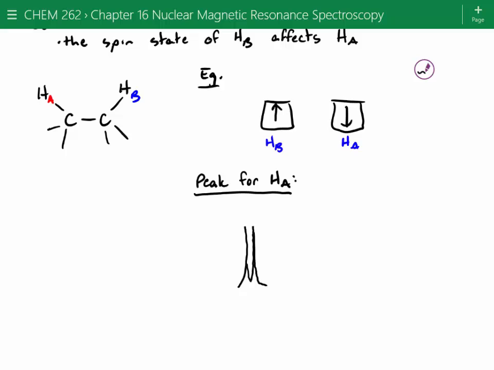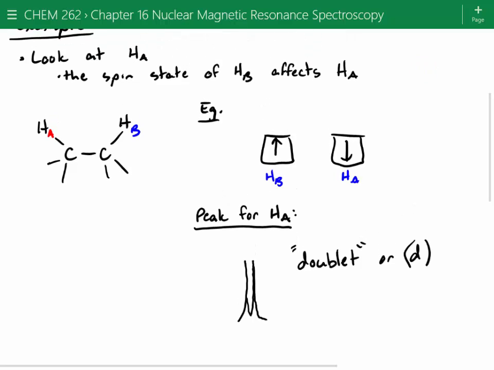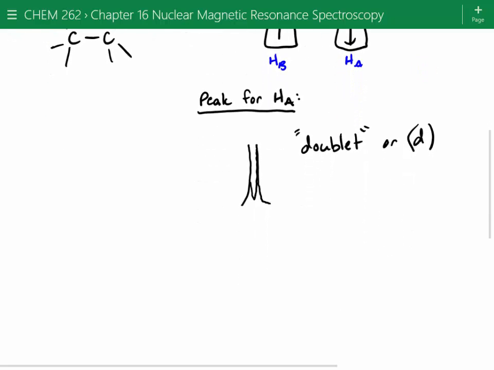So we'll get two different potential peaks, and this is called a doublet. Oftentimes people, when they're referring to a doublet, they'll just say D, because you see doublets very, very frequently in NMR. All right, let's take a new one. So this was our first example.